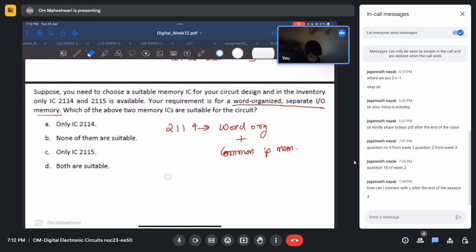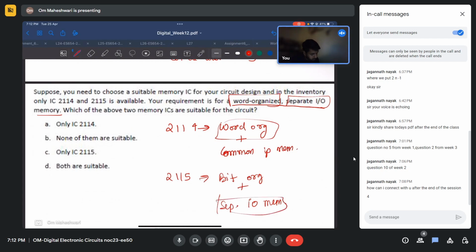And IC 2115, it is bit organized, but it is separate IO memory. So we need word organized plus separate. So this is word organized only, this is separate, but there is no IC which has both of these. So none of them is suitable.